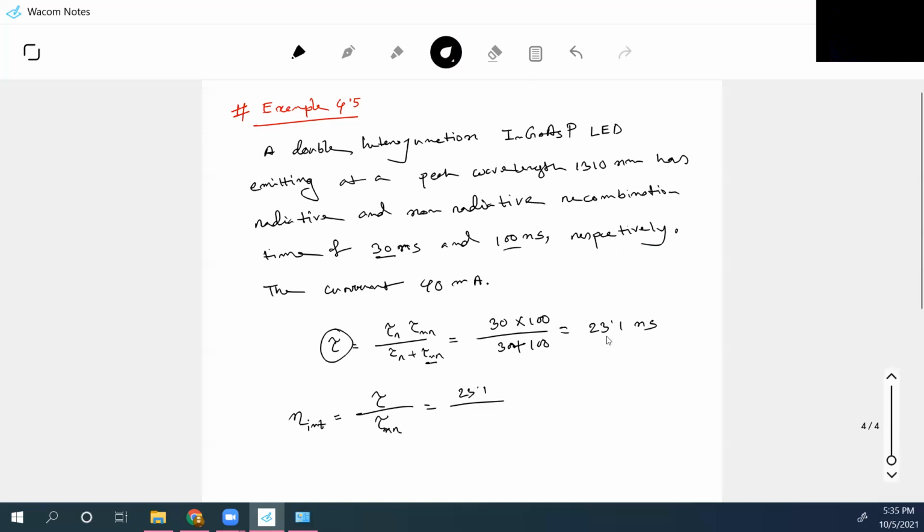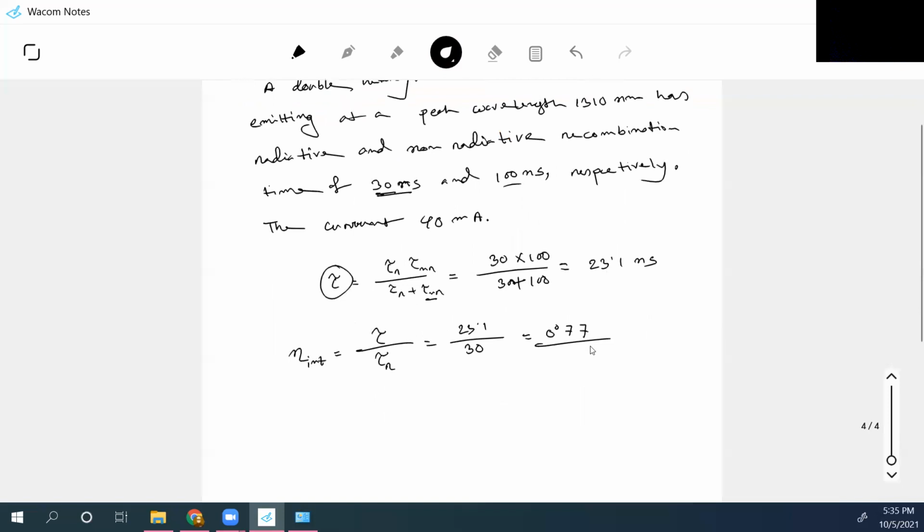Our tau r is not nr, this is r, the radiative recombination, which is 30 nanosecond. So 23.1 by 30 is actually 0.77. So it is 77% efficient if you convert it to percentage. This is the internal efficiency.